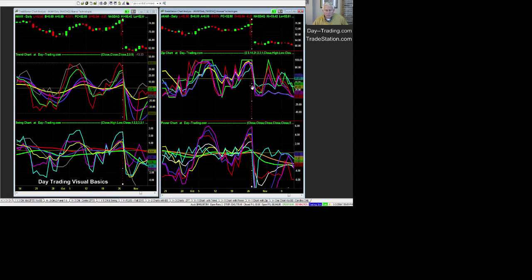And there are contributing factors to that, and I'll point them out because there's one here that we hardly ever see, and I want to point that one out first, and that's down here in the power chart, and it's Power Zion. Power Zion is a price value indicator.